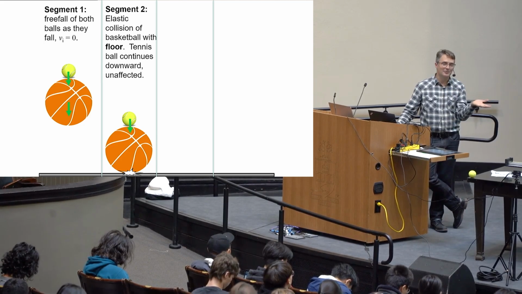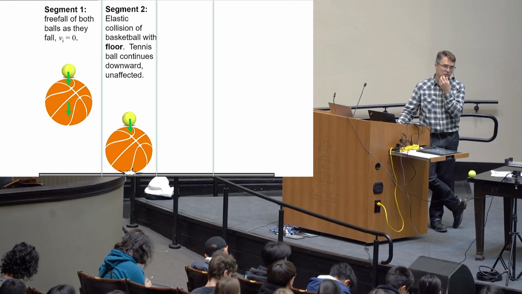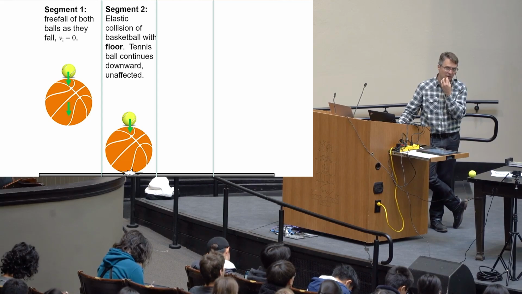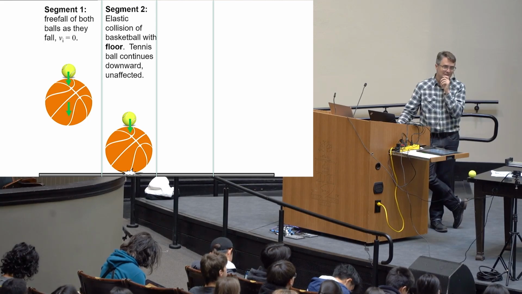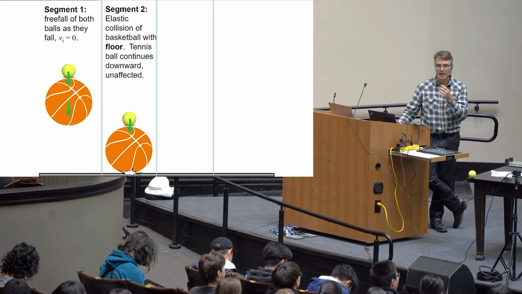Well, that doesn't count if you use the floor or a wall or something big that's attached to the Earth. The Earth completely reverses the momentum of the basketball, but does conserve its kinetic energy. Momentum is conserved in collisions unless it's colliding with something that's attached to the Earth.